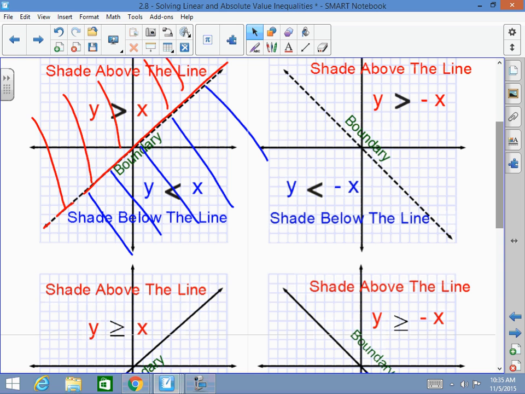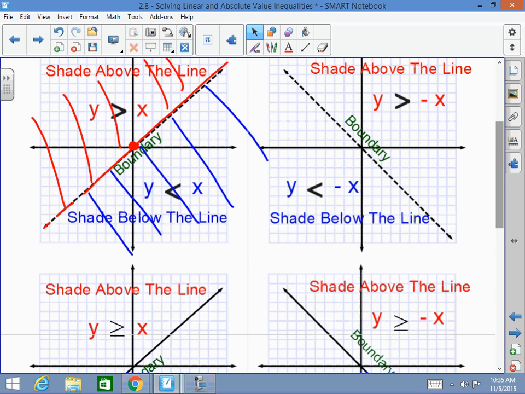Sometimes people don't understand that, so I'll give you another way to understand it. Look for the y-intercept. If y is greater than, then all of the shading is going to be above the y-intercept. If y is less than, then all the shading is going to be below the y-intercept, hence going down.